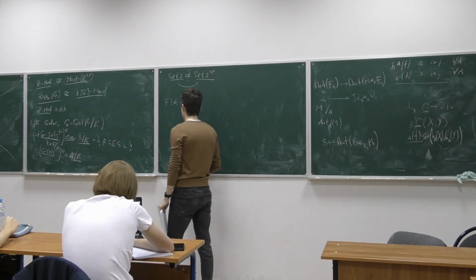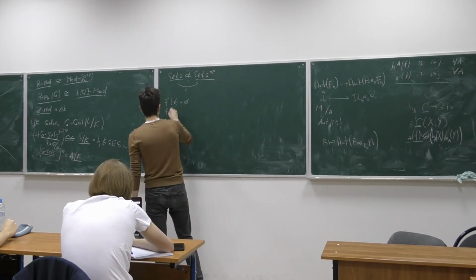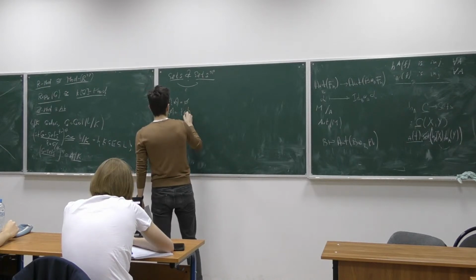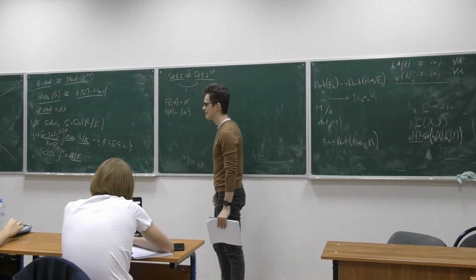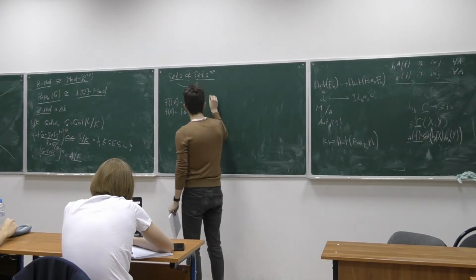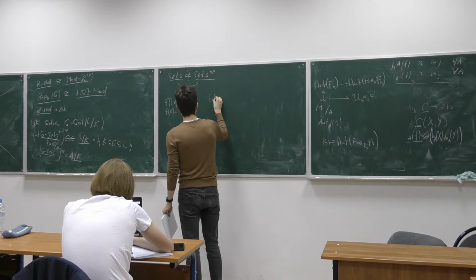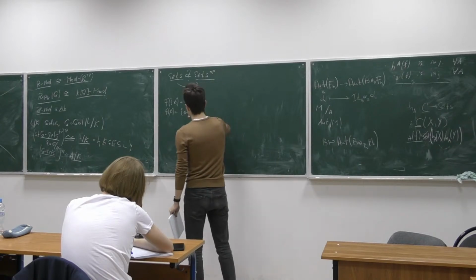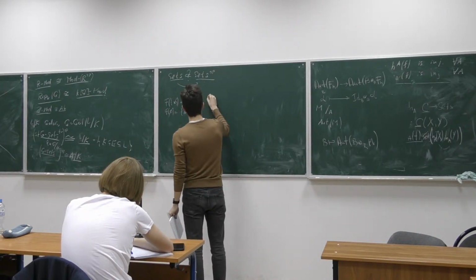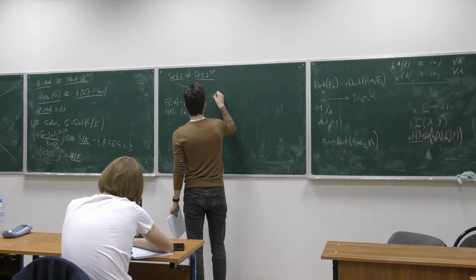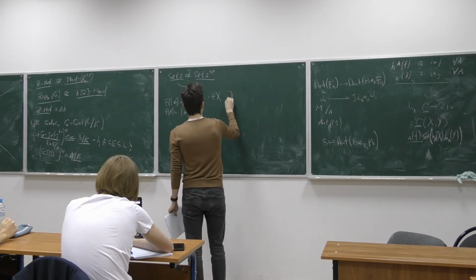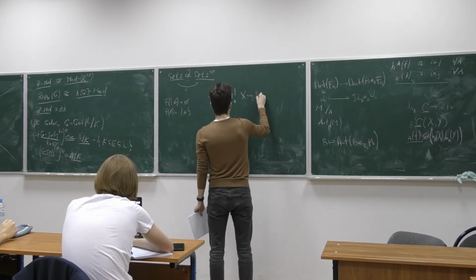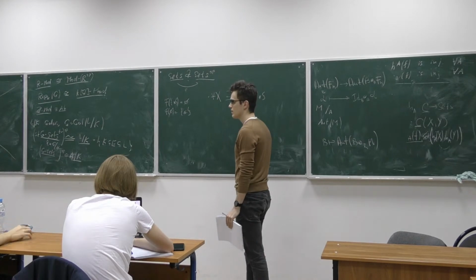Now, by the same reasoning, we have that this one, singleton, has a unique property: for any set x, there exists a unique morphism from x to a singleton set. Right?